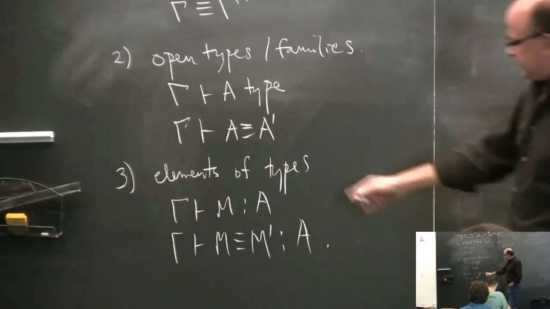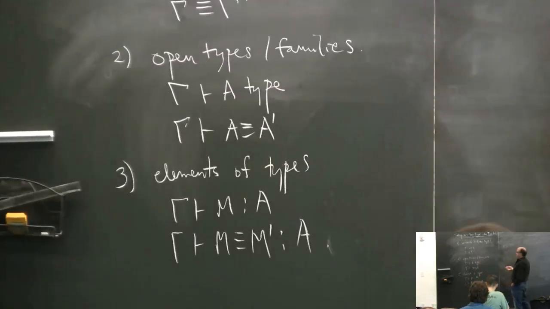Although they look the same as what we had before, they're not literally the same. I have to now tell you what these are. I want to give you the architecture of this and show you how these things fit together. There's no good way to start because they're all defined simultaneously, so wherever I start, I'm going to be chasing my tail.